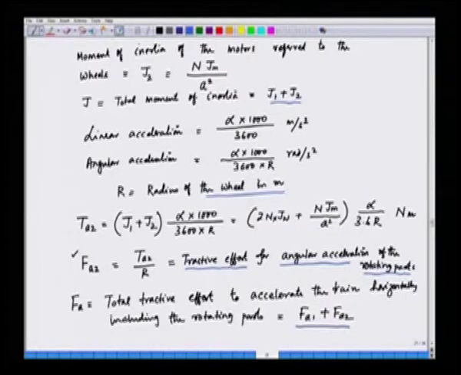And if we want to find out the total tractive effort because of acceleration, by acceleration we mean both linear and angular acceleration. So we have two components. One component is for the linear acceleration or horizontal acceleration, that is Fa1. The other component is for the angular acceleration of the rotating mass, that is Fa2. If we want to find out the total tractive effort Fa, that is equal to Fa1 plus Fa2, and that will be giving us an equivalent mass of the train, and this equivalent mass is calculated as follows.